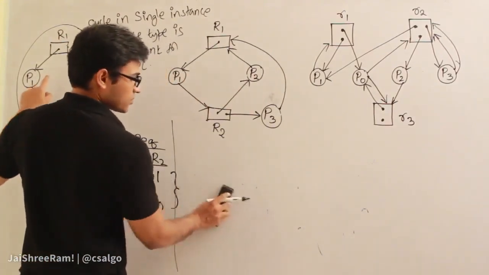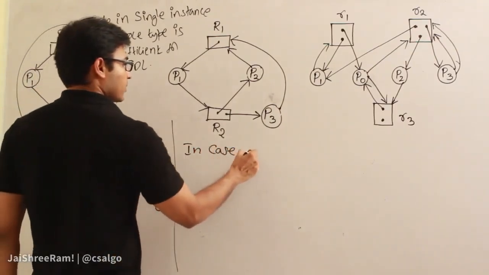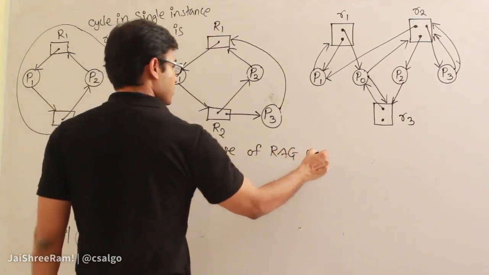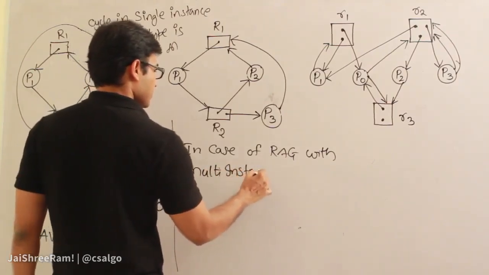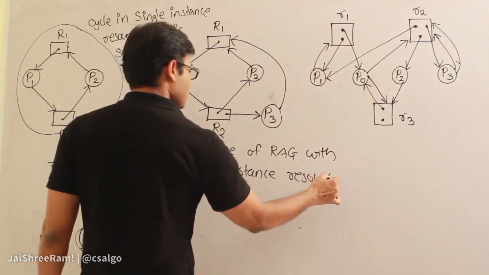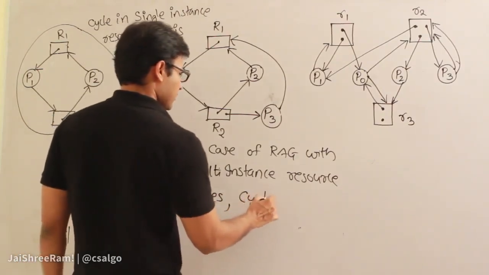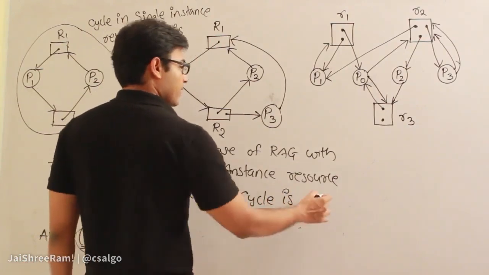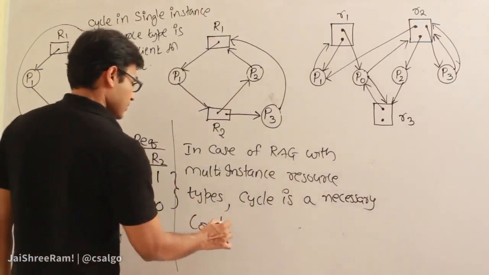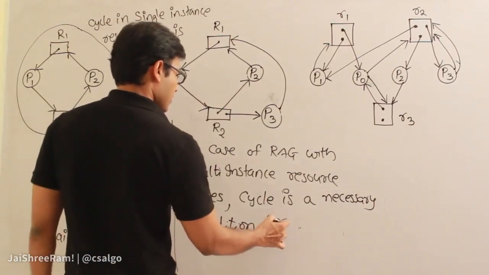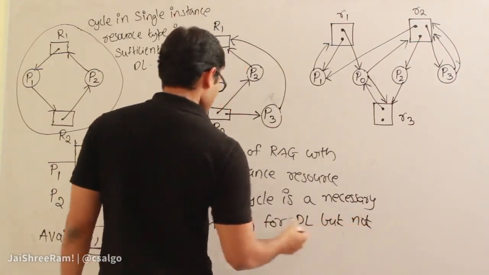So in case of single instance resource type, a cycle is a sufficient condition, right? In case of resource allocation graph with multi-instance resource types, a cycle is a necessary condition for deadlock but not sufficient.